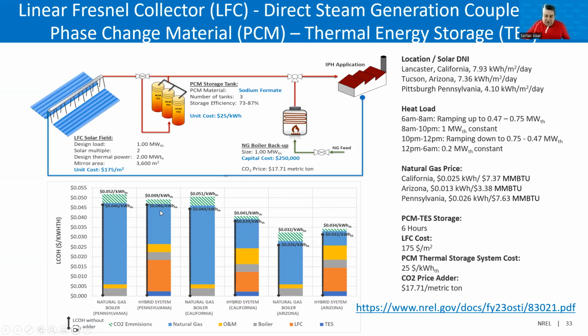And as the natural gas price is the highest, that makes this project very competitive. And one of the things is the carbon dioxide emissions or tax credits. When you add the tax credits, which Pennsylvania doesn't have at the moment, but California does, that can make a project more feasible than a standalone project with the carbon adders. That also gives us the idea about how important tax incentives are for a project's techno-economic analysis.